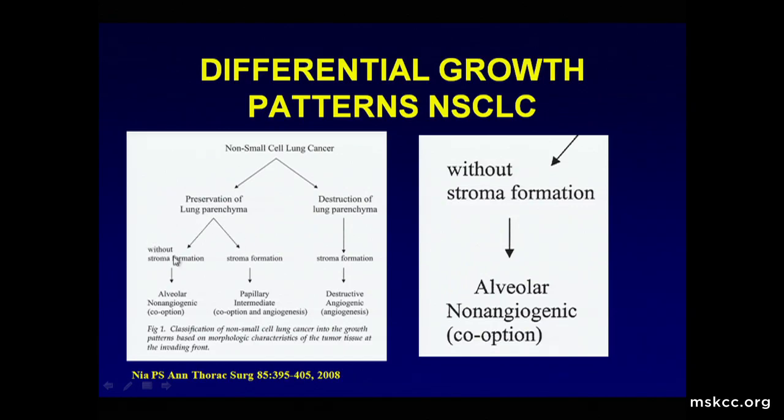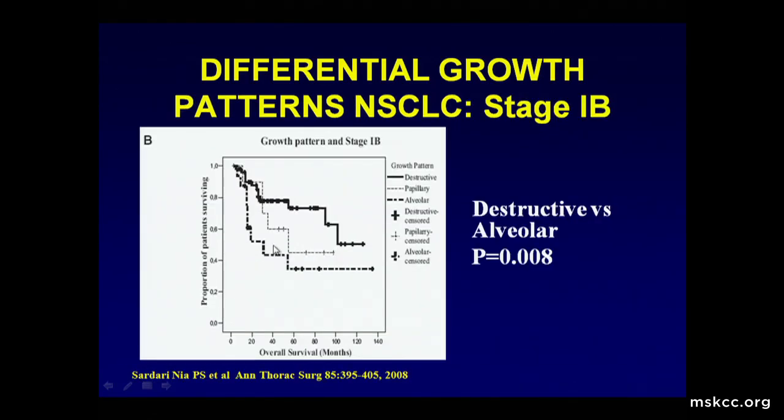In their category of tumors without stroma formation, they call alveolar or non-angiogenic. And this is described as a pattern called vessel co-option. So one of the questions is, how do these cells survive in the airspace? And interestingly enough, the alveolar pattern in this subset of patients has a worse prognosis.